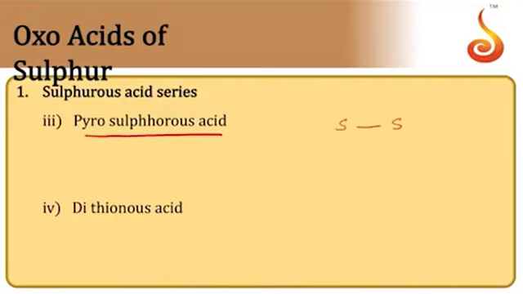It is a dibasic acid, so it must have 2 OH groups, and each sulfur has one double bond O here. And since the molecule is H2S2O5, we have one more oxygen present, which is going to be a double bond O here. This is the structure of pyrosulfurous acid. So pyro acids can be assumed to be obtained by removal of one water molecule from 2 units of sulfurous acid.